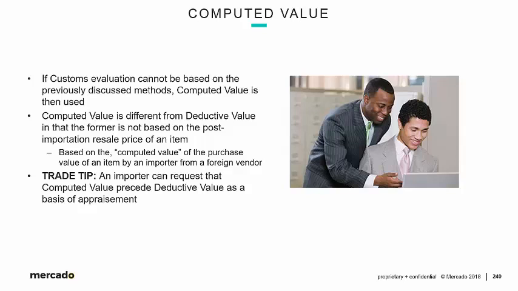And the reason why an importer might do that goes back to the second bullet, because computed value is different from deductive value in that the former is not based on the post-importation resale price of an item. What we're computing is the actual cost of the item before it gets resold in the United States, which from an entered value perspective is much more beneficial, or hopefully more accurate, for the importer.